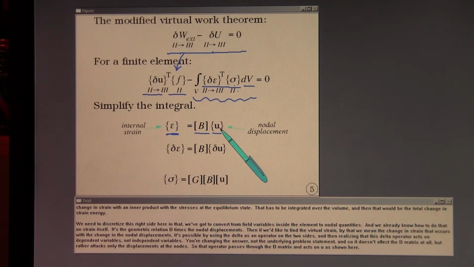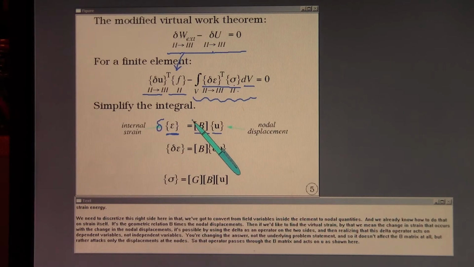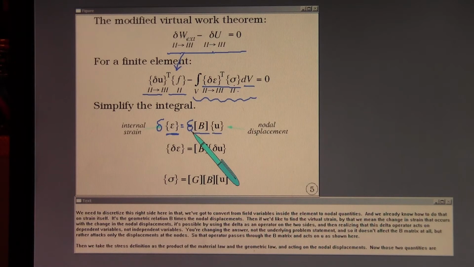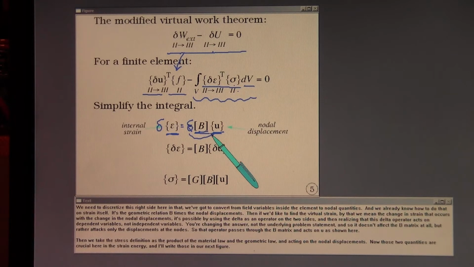Then if we'd like to find the virtual strain, and by that we mean the change in strain that occurs with the change in the nodal displacements, it's possible by using the delta as an operator on the two sides, and then realizing that this delta operator acts on dependent variables, not independent variables. You're changing the answer, not the underlying problem statement, and so it doesn't affect the B matrix at all, but rather attacks only the displacements at the nodes. So that operator passes through the B matrix and acts on U as shown here.